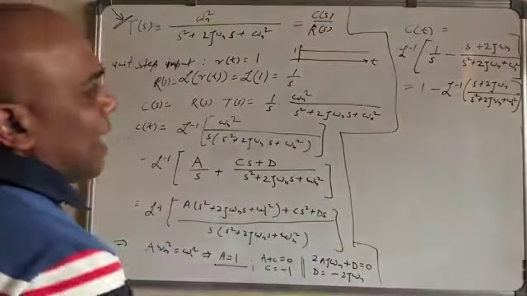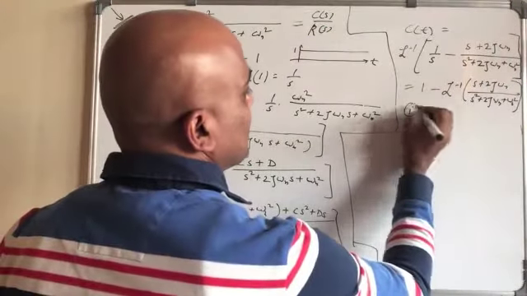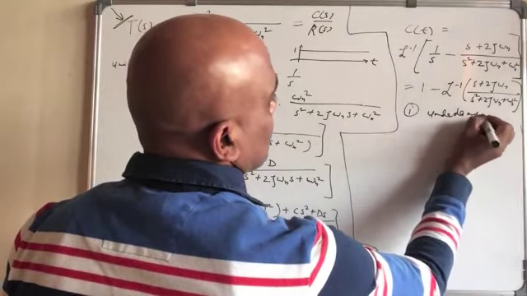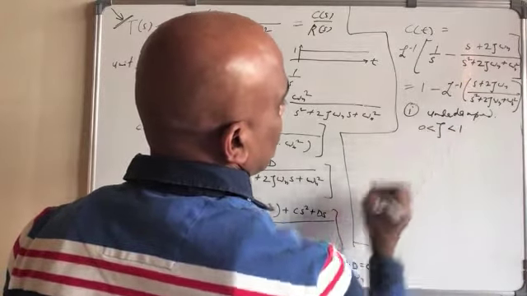As we know, there are 3 conditions. The first condition is underdamped, where zeta is less than 1 but greater than 0.